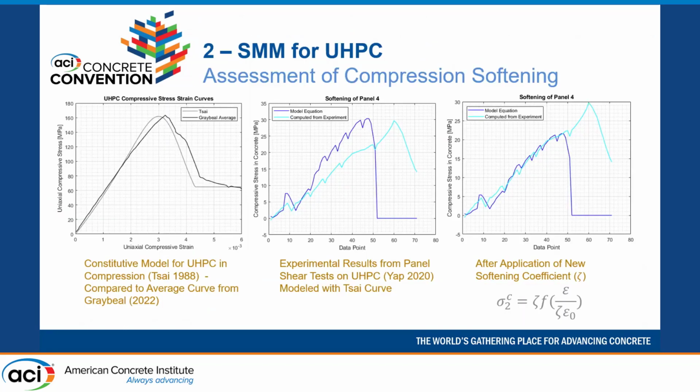So this is just an example of characterizing the compression constitutive behavior of UHPC panel elements. In a panel element, you have in-plane stresses in a 2D state. So you have to account for the softening of the compression stress strain behavior due to the effect of tension-compression by axial stress state.